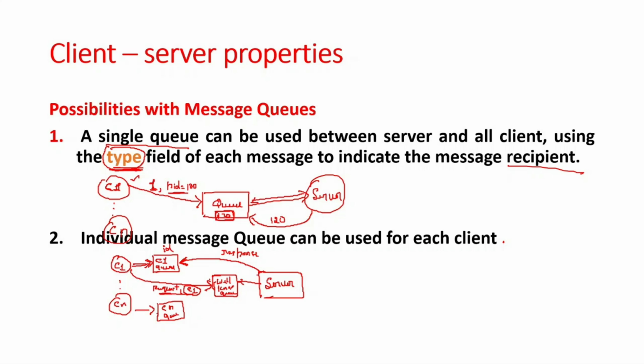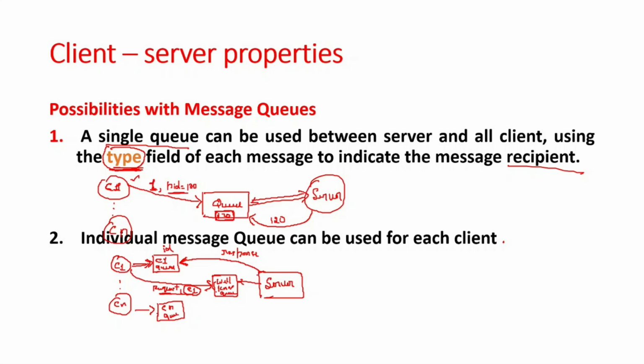But there is a major problem with this technique. Each client-specific queue usually has a single message on it, either a request for the server or a response for the client. So this seems to be wasteful of a limited system-wide resource.